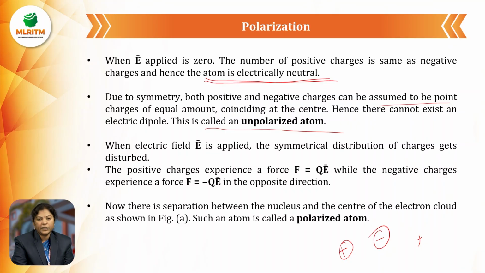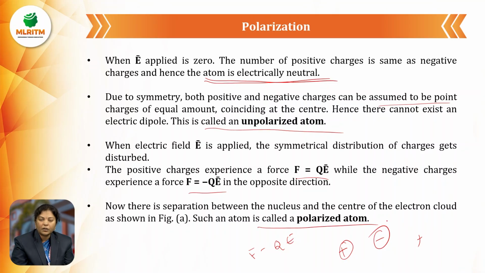When an electric field is applied, the symmetrical distribution of charges gets disturbed. The positive charges experience F equal to EQ, from Coulomb's law, while negative charges experience a force in the opposite direction, F equal to minus Q into E. Now there is a separation between the nucleus and the center of the electron cloud.